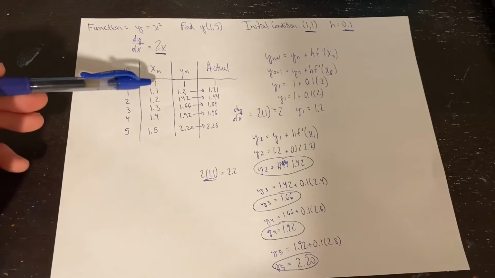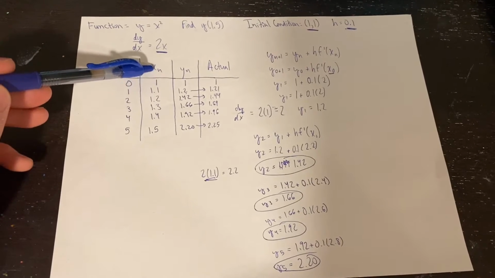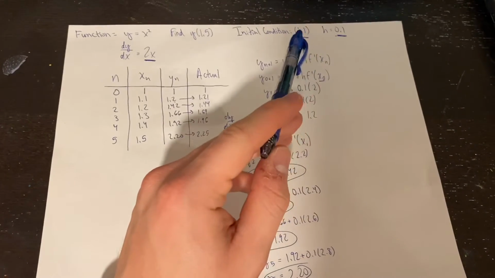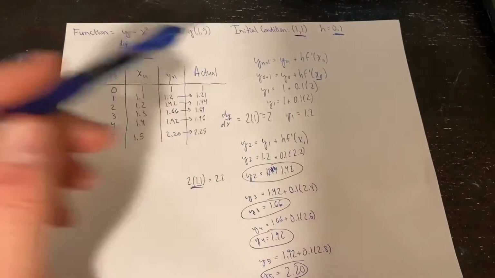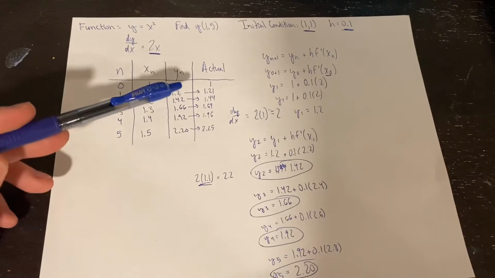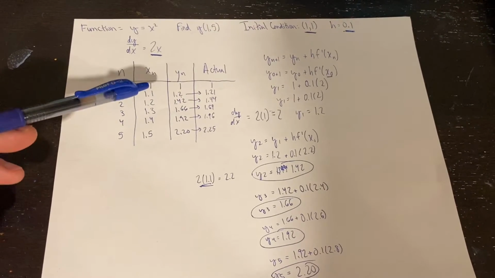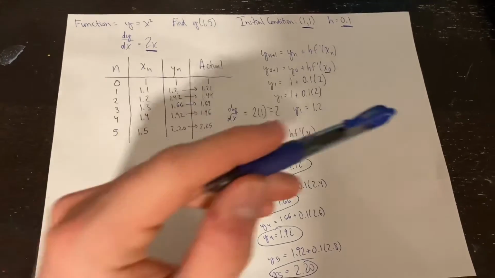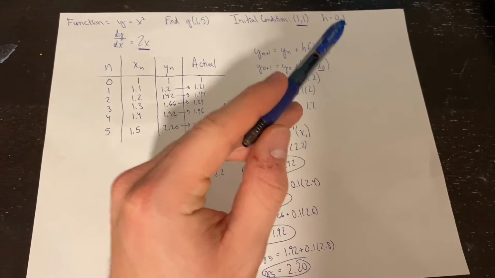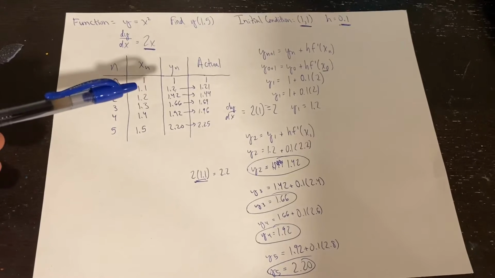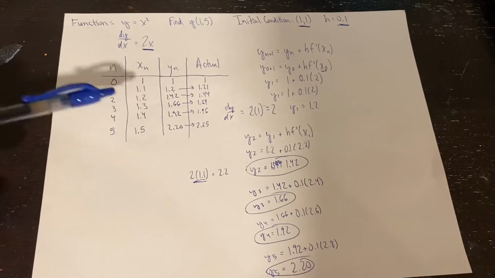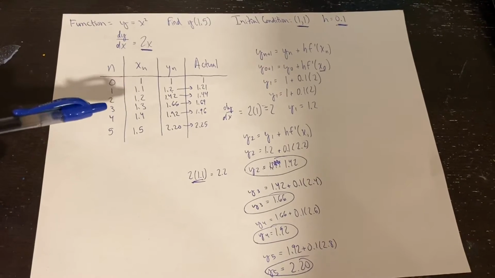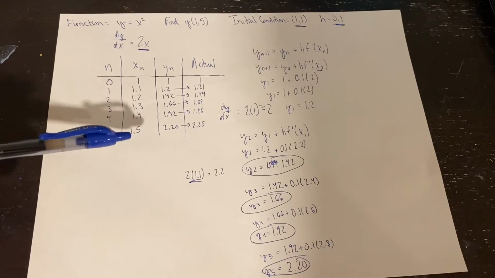And then x sub n is also pretty simple because the initial condition is (1, 1), so that gives us x sub 0 and y sub 0 as 1 and 1. Additionally, the step size h is 0.1, so each x will increase by 0.1. So for n equals 1, it'll be 1.1, for 2, it'll be 1.2, and so on and so forth.